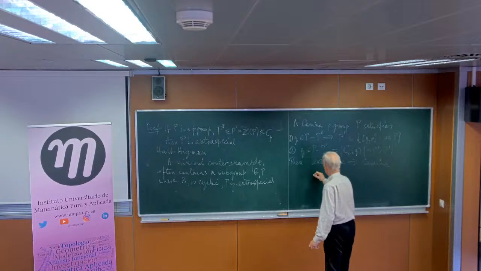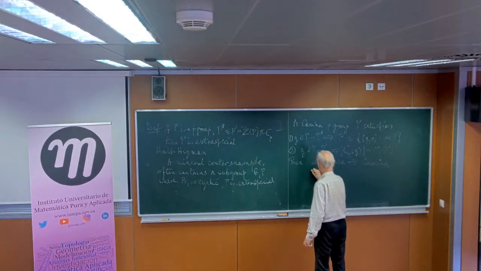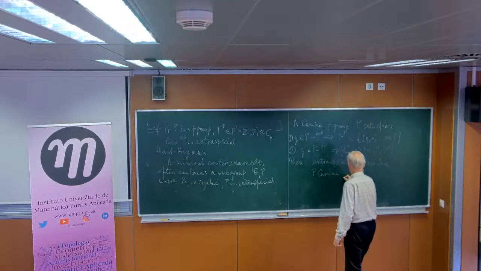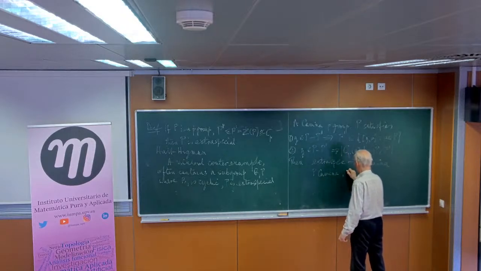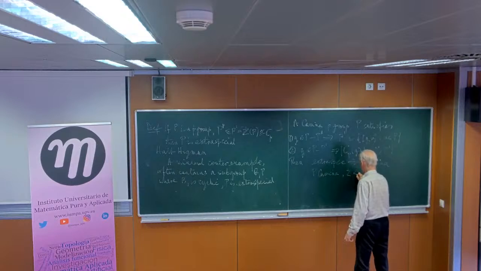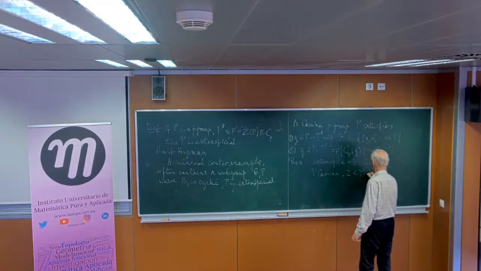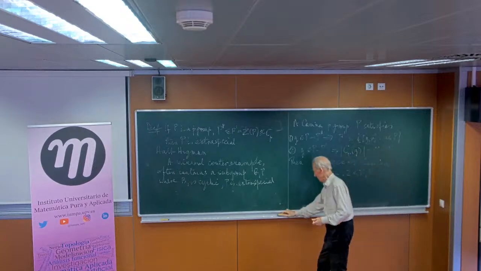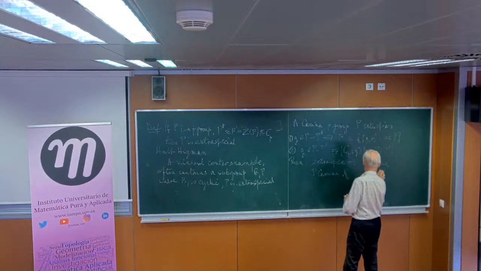So if P is Kaminer, and I'll call it Z is less than P dashed. In fact, let's start again with that.